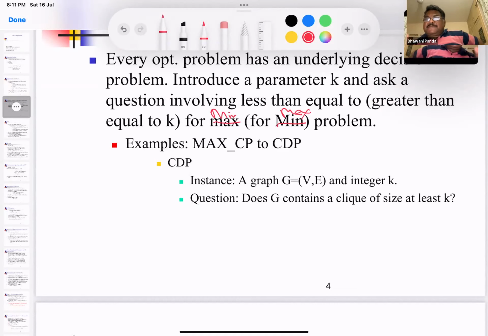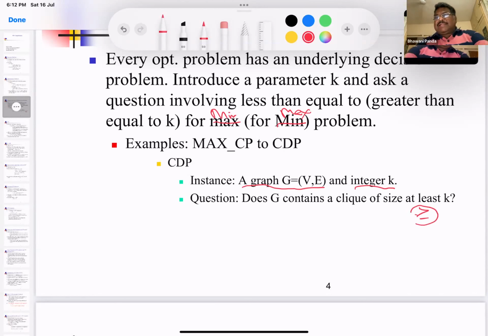Let us see an example. The clique decision problem is a maximization problem. The instance given in the clique problem was only a graph, and we wanted to find a maximum size clique. So we introduce a parameter K, and then we ask: does G contain a clique of size at least K? At least K means greater than or equal to K. So for a maximization problem, you introduce a parameter K and ask about the clique size being greater than or equal to K. If it is a minimization problem, then you ask less than or equal to.